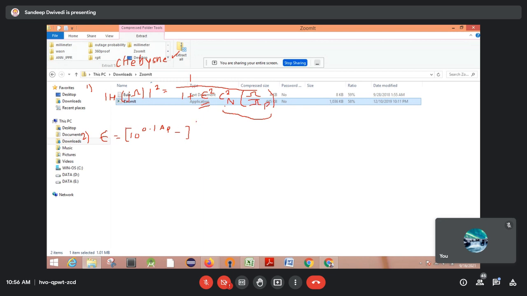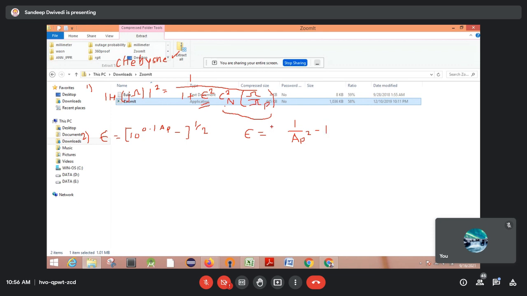So this is one formula, and if it is not in dB, this parameter can be calculated as 1 upon Ap square minus 1.